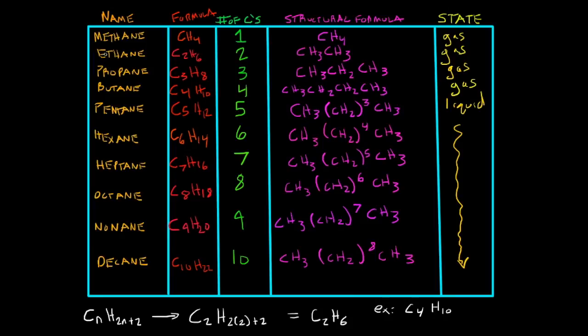You need to memorize the names up until butane, and after that penta is 5, hexa is 6, hepta is 7, octa is 8, nona is 9, and deca is 10. It's important to know how many carbons there are in it, and from that you can deduce the rest of the chart.